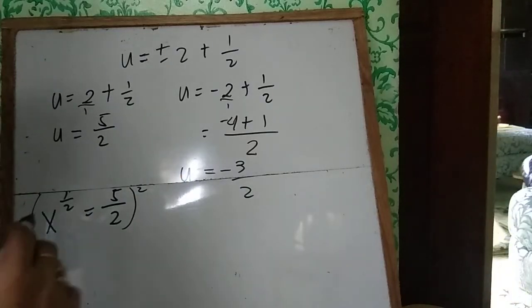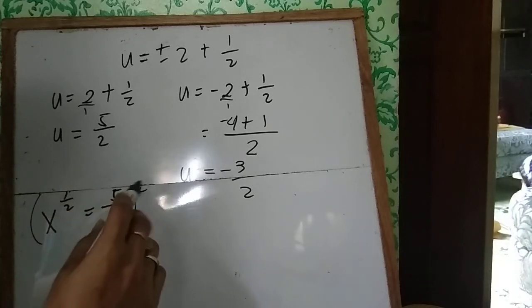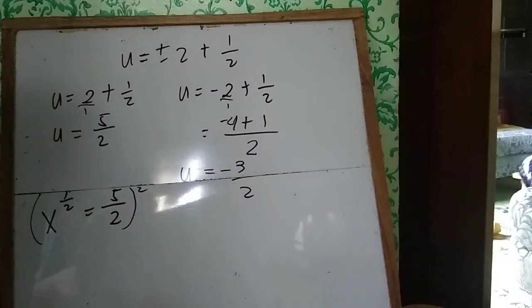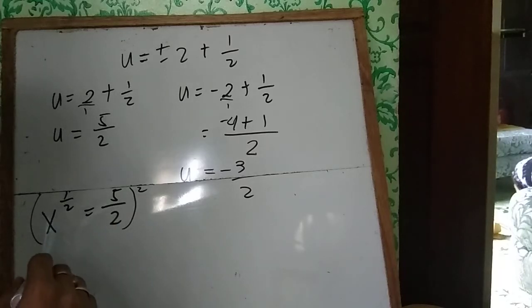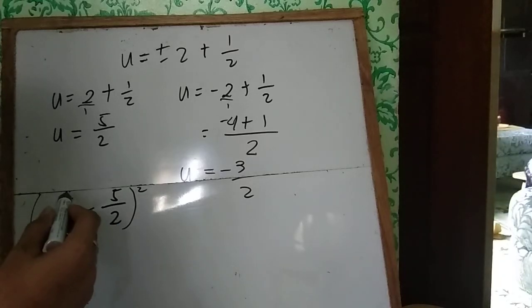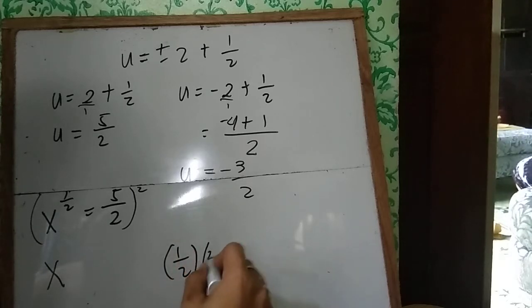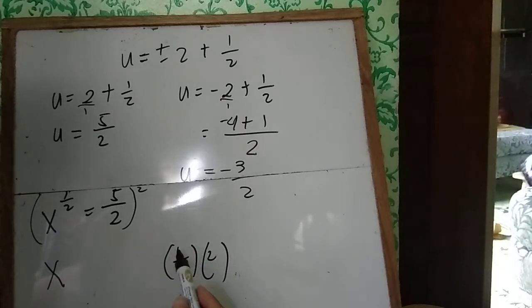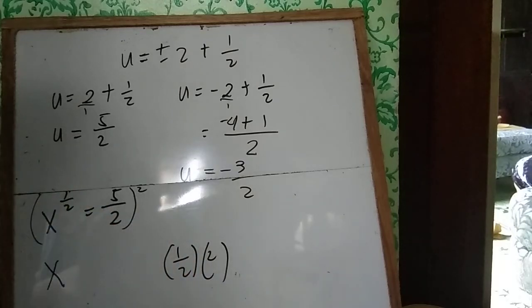So 1 half times 2 is equal to x. The exponent is multiplied by the exponent.